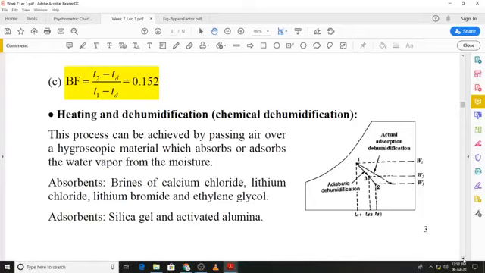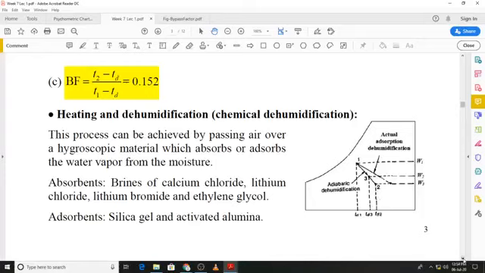The last process that we are now going to look at is the heating and dehumidification process, which is also known as chemical dehumidification. This process is carried out by passing air over a material which has an affinity for moisture. That is a hygroscopic material which can absorb or adsorb the water vapor from the moisture.